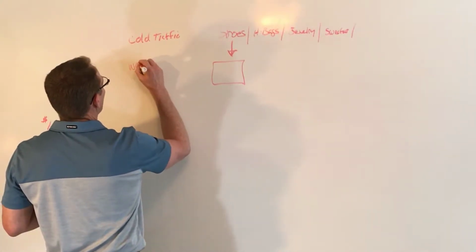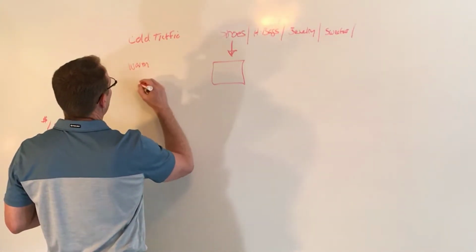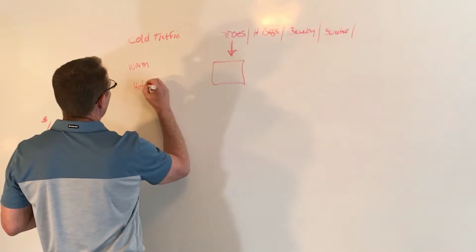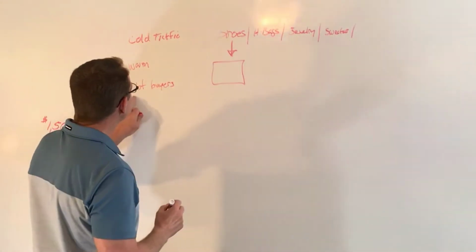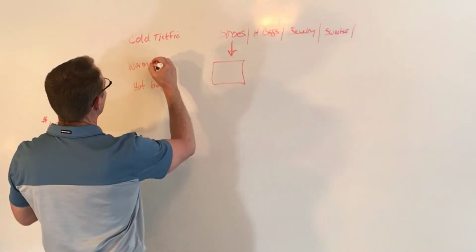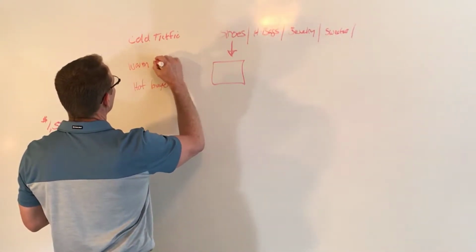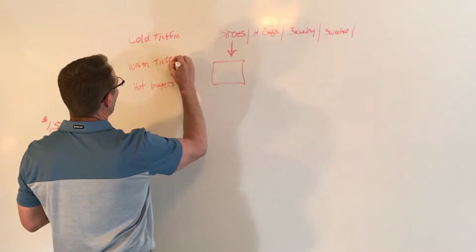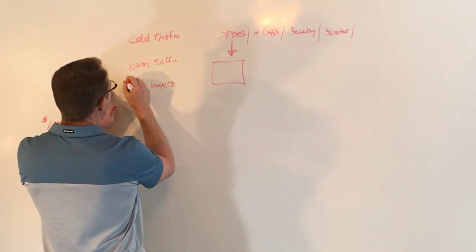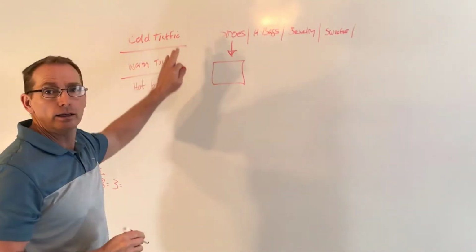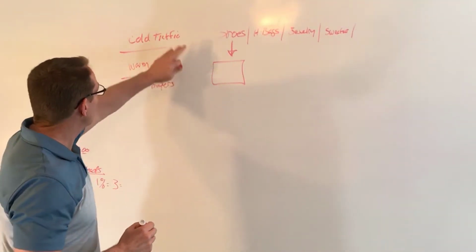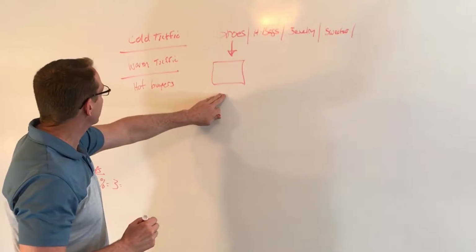There's also warm traffic, and there's also your buyers, which would be hot traffic. Each step of this funnel is going to be treated differently, so you have to understand who you're targeting in this traffic with your ads.